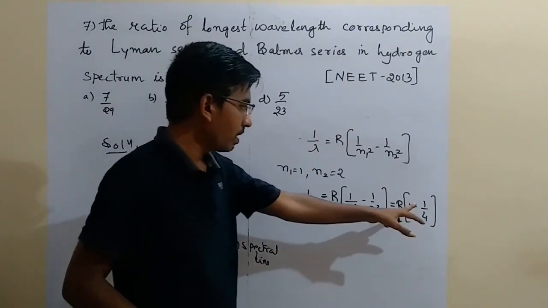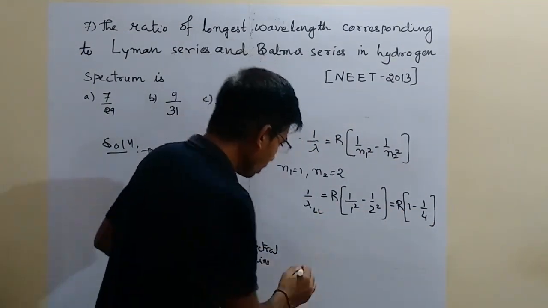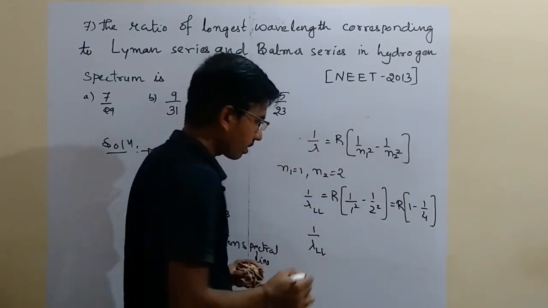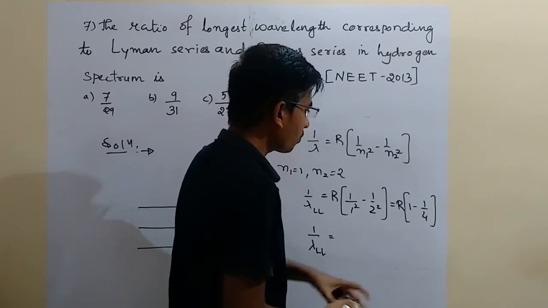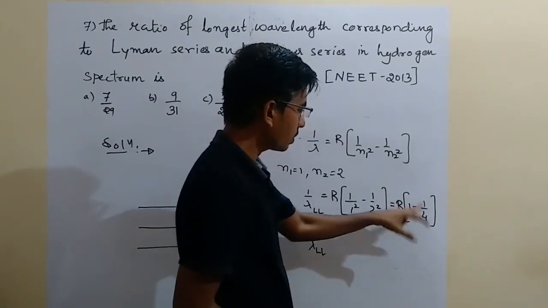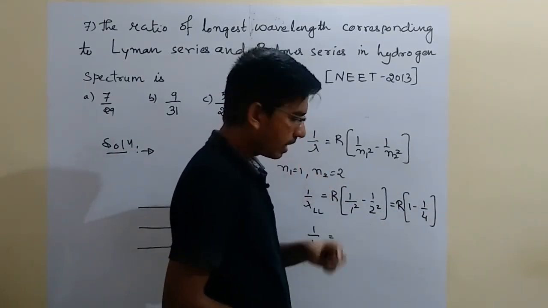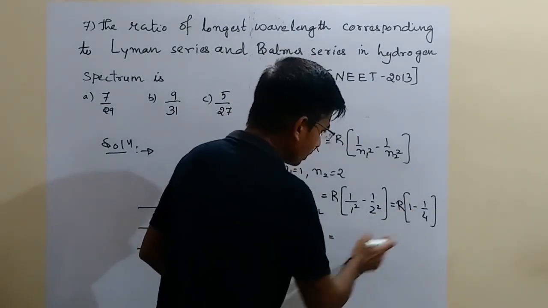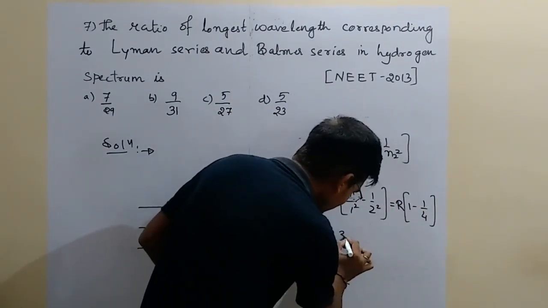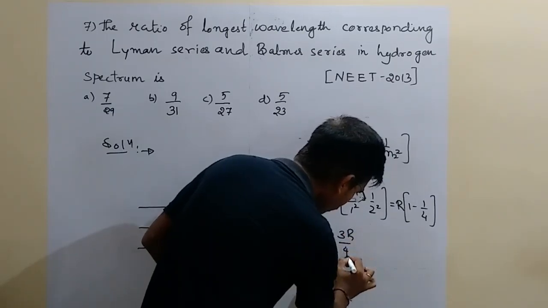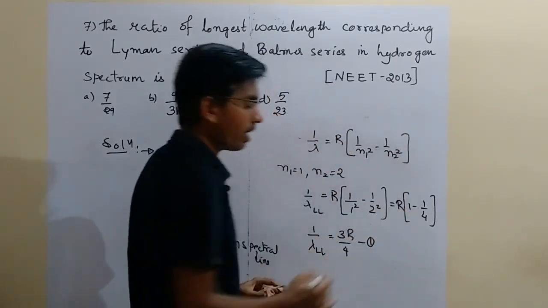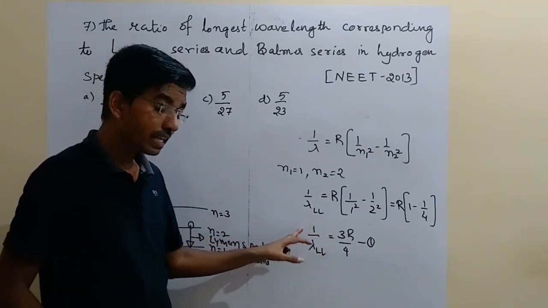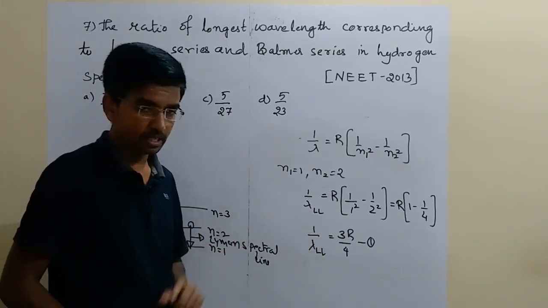After simplification, this equation becomes 1 upon lambda LL equal to, this bracket reduces to 1 minus 1 upon 4, that is nothing but 3 by 4. So 3 by 4 into R, that is 3R divided by 4. Take it as equation number 1. So this is the reciprocal of the longest wavelength of the Lyman series.